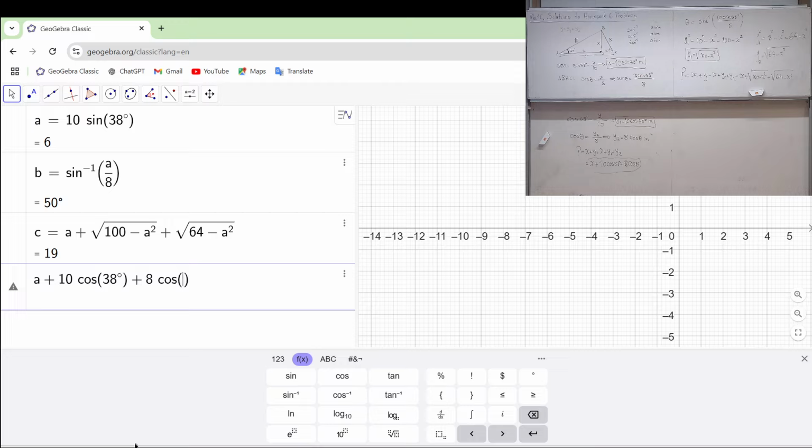Cosine of B, 19. Yes? Do you understand that? Because B in notation in GeoGebra is the same as angle theta. I gave it the name B. So I type it, I get 19. So both of them are correct if you want to do it in this way.